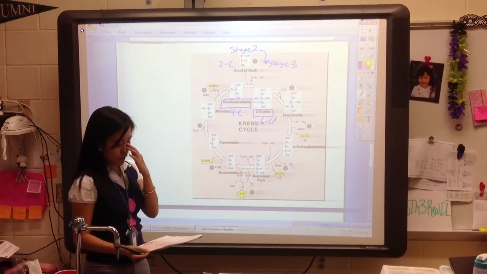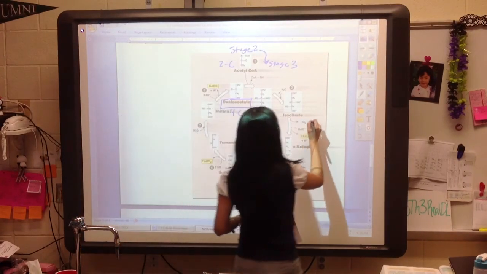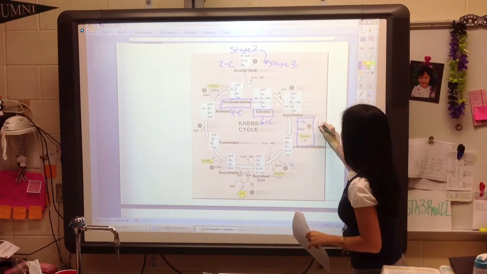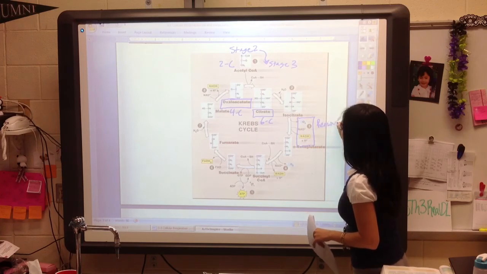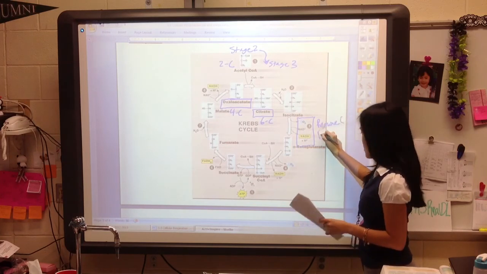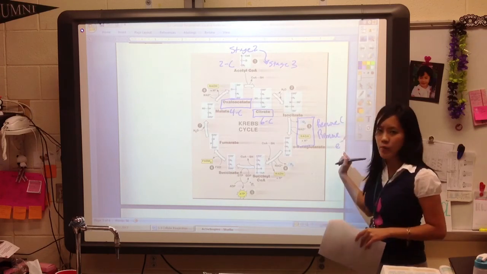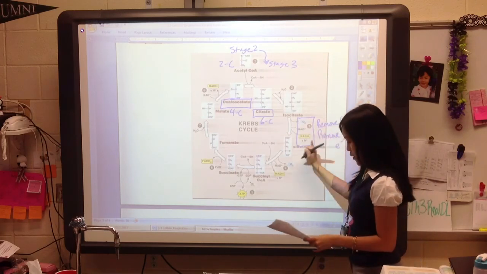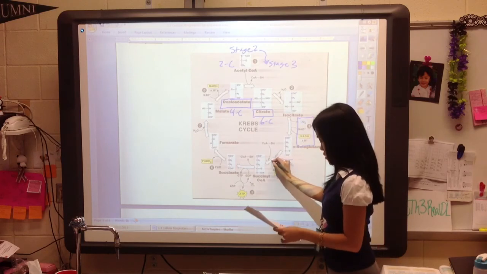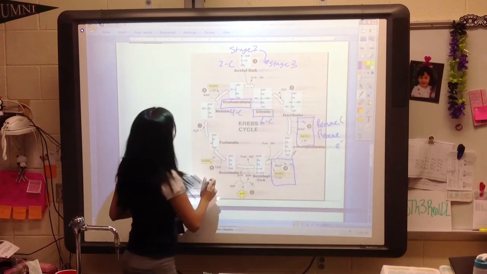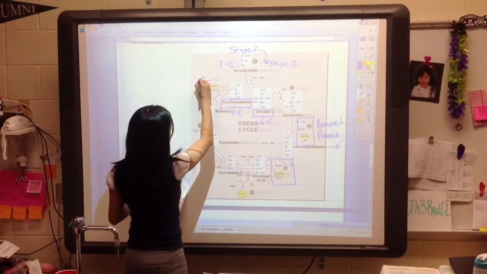Then what we're going to see from here is that you're going to see a lot of carbon being removed. We're going to remove carbon, and we're also going to remove electrons each time we remove a carbon. And you'll see that happening once here, twice here, and actually a 3rd time.